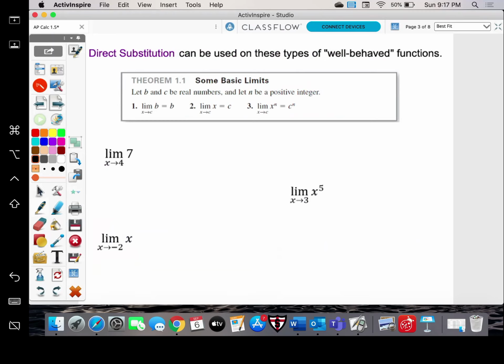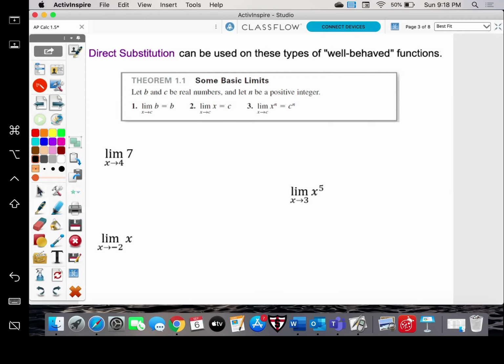So our very basic limits: if we have the limit of just a constant value b as x approaches c, no matter what, that's going to be b. There's no x to plug c in for, so that first rule is just the limit of a constant is equal to the constant. Second rule, the limit of x as x approaches c is equal to c.